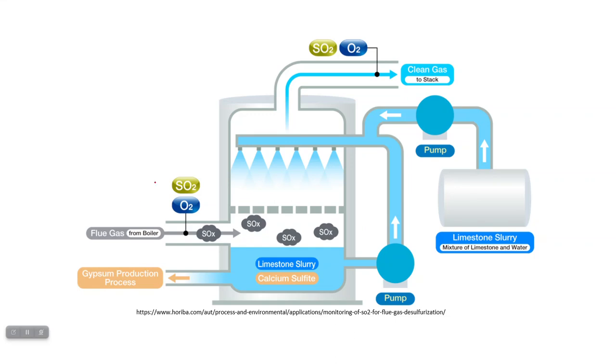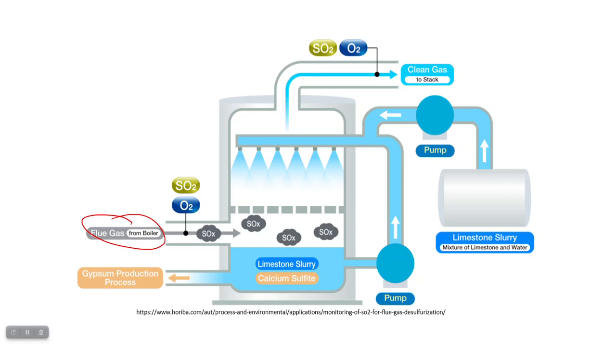So, you take your flue gas from whatever you were burning. It's got SO2 and oxygen, and you pump it into this chamber. Then you have a mister that sprays in water that hopefully will dissolve the SO2 in the air.